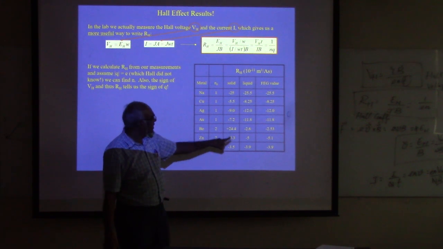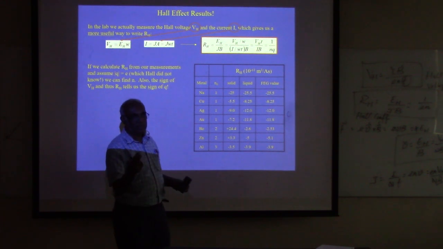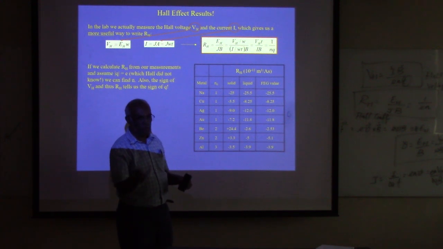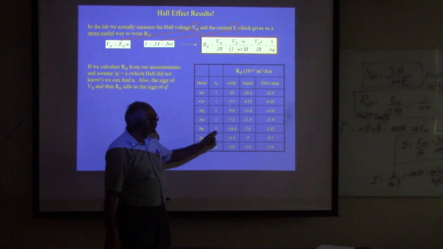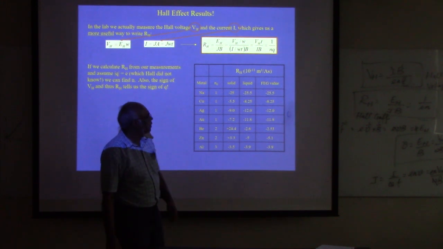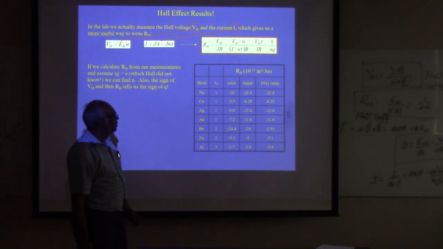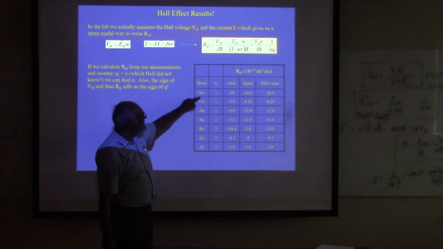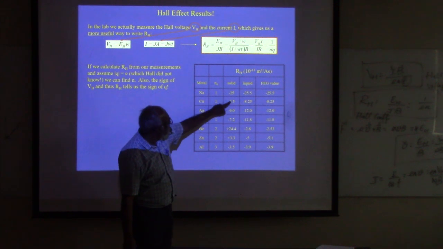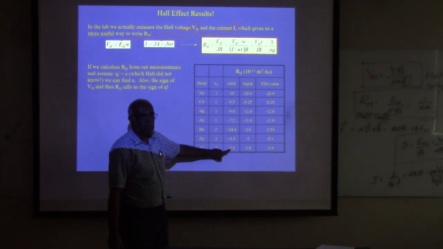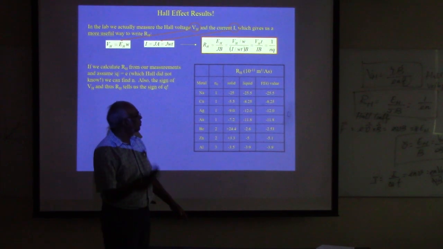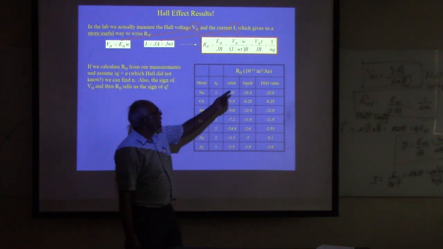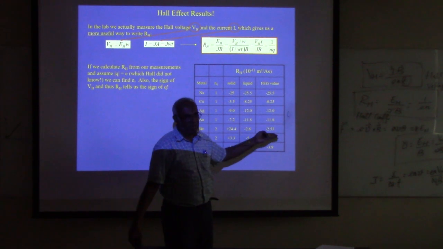These metals actually have, and this is something we are going to talk about later, holes. So even for metals you can have holes, which contribute to the positive Hall coefficient. But other than that, all metals should have a negative Hall coefficient. I will discuss this later. But if you use the free electron gas, it always gives you a negative number, right?